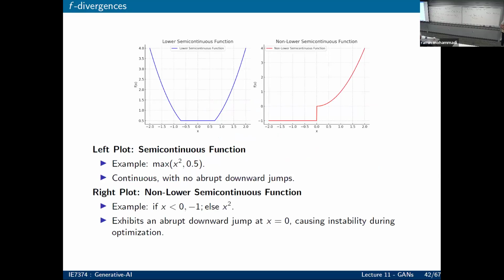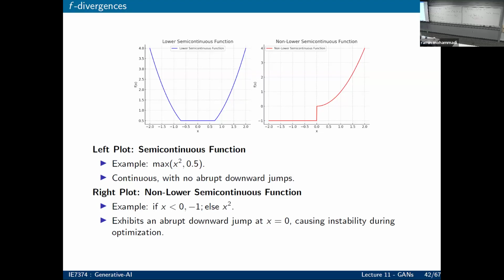The one on the left is lower semi-continuous because it behaves as a convex function, and for every point you pick, as you approach it, the value is always lower. But this one is not, because there's this abrupt jump down.